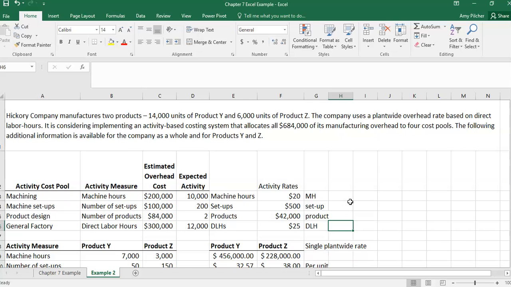And in order to change to another product or another color or another design feature, we generally have to reset up a machine. So that's setup as a batch level activity. A product level activity is something that applies to the product as a whole. So in that case, design would be a product level activity.